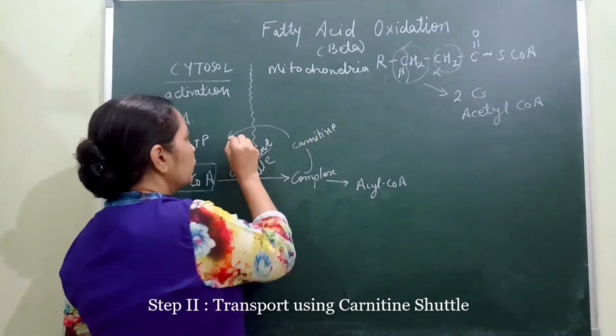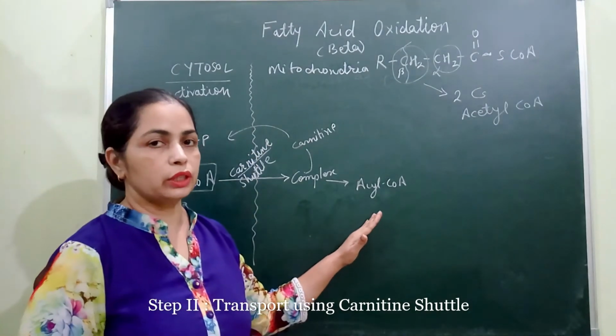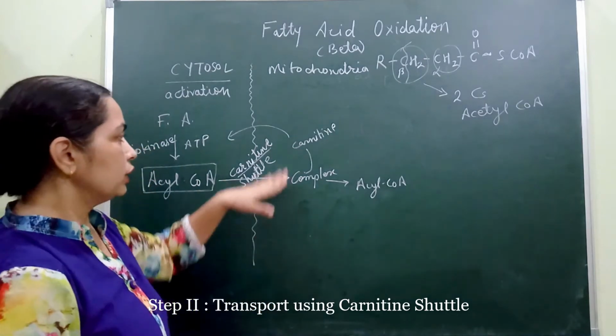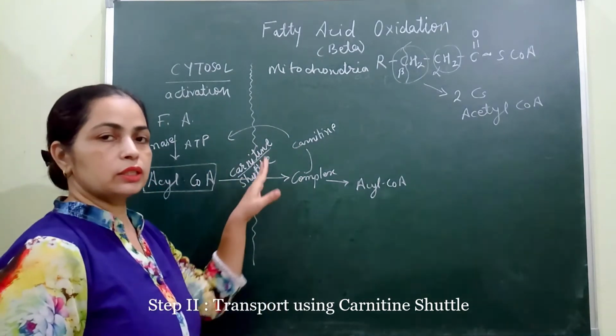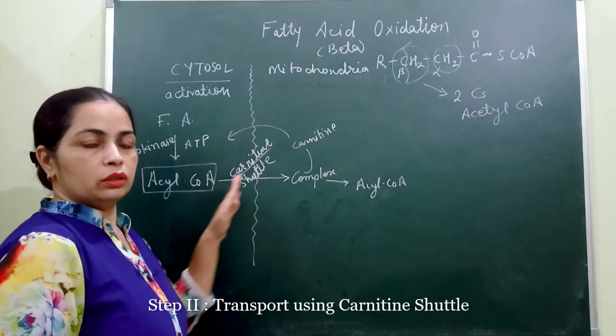It goes back into the cytosol to carry the next molecule of acyl coenzyme A into the mitochondria. In this way, the carnitine carrier protein keeps on circulating.